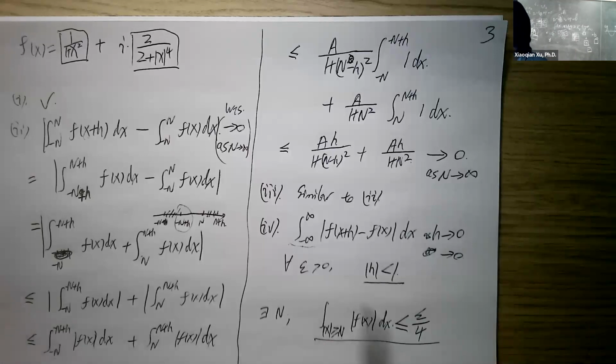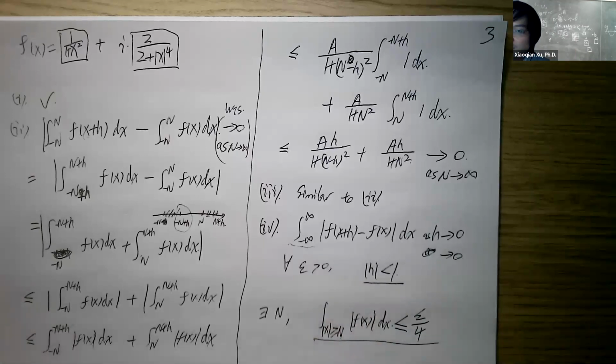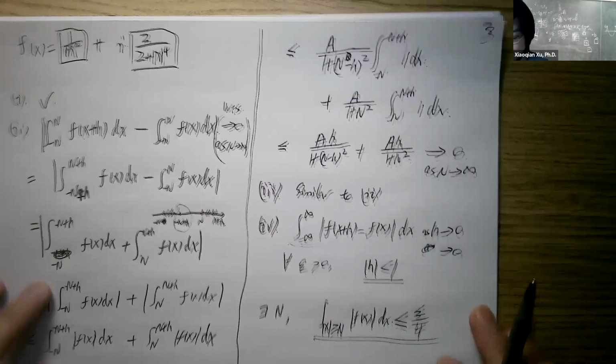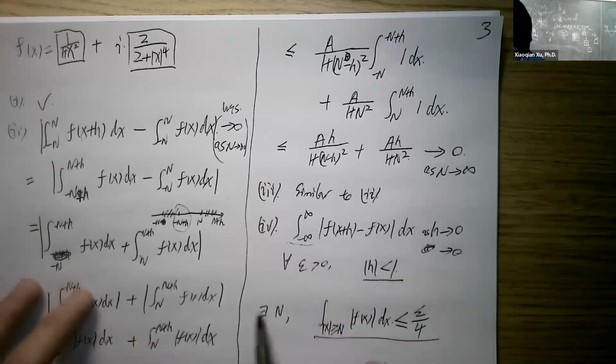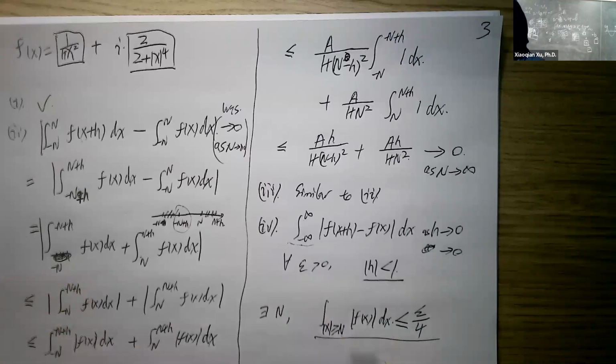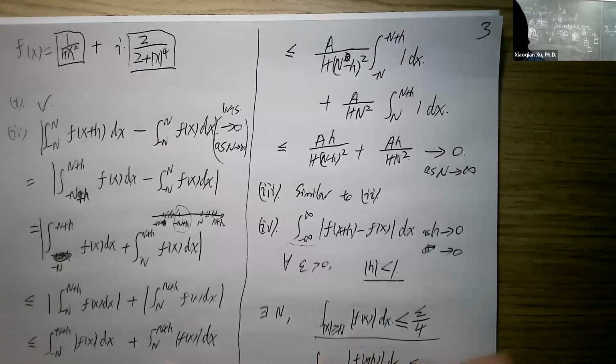Okay, so if we want to show this, we will discuss them separately. So if you have this kind of epsilon, then there must exist some n such that this is very small. The tail of this integral is very small. Meanwhile, if you have f(x plus h) dx, it's also very small.